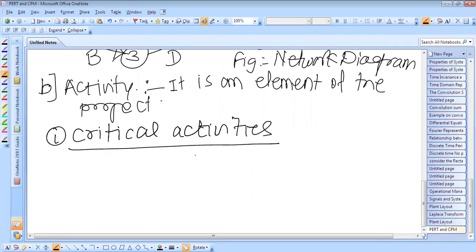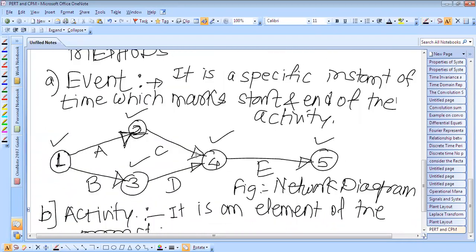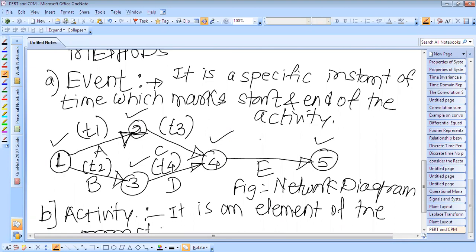In the network diagram we have just drawn, suppose the time required to complete activity A is T1, activity B is T2, activity C is T3, activity D is T4, and activity E is T5.